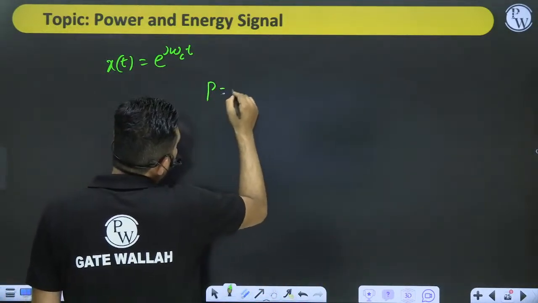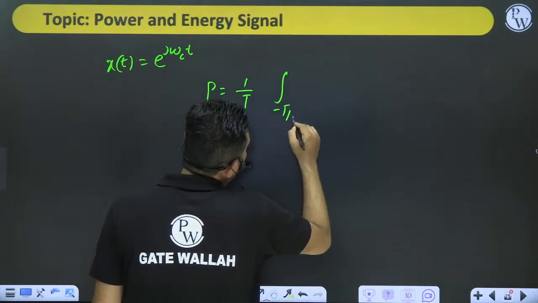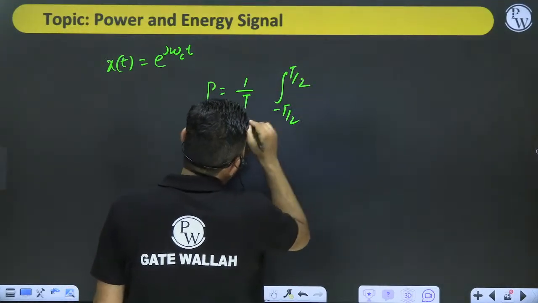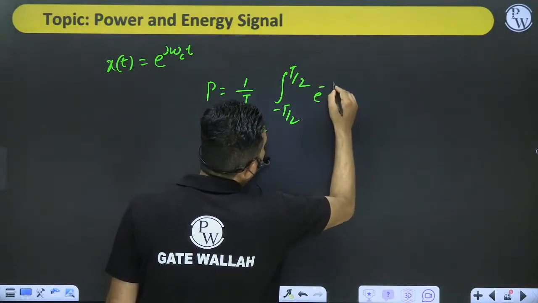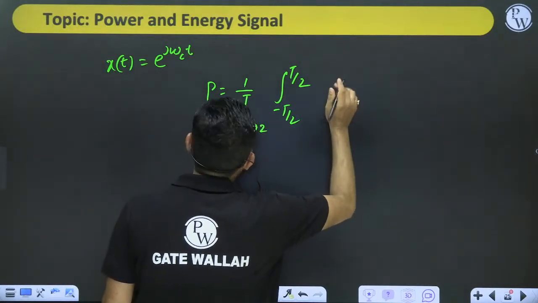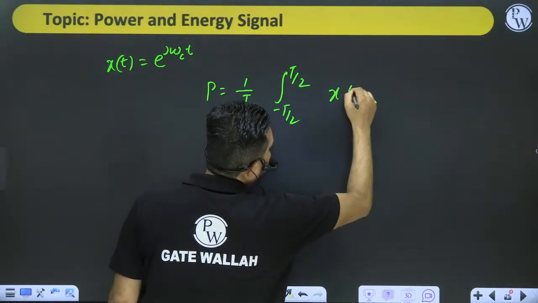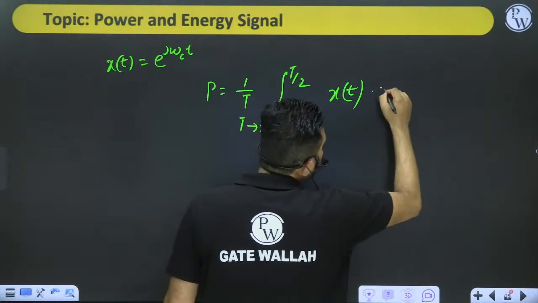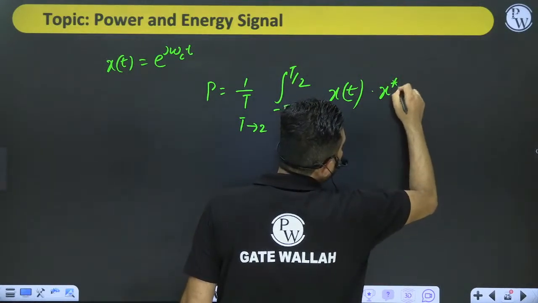Power can be defined as the limit as T tends to infinity of 1 by T times the integral from minus T by 2 to T by 2 of x(t) times x conjugate(t) dt.